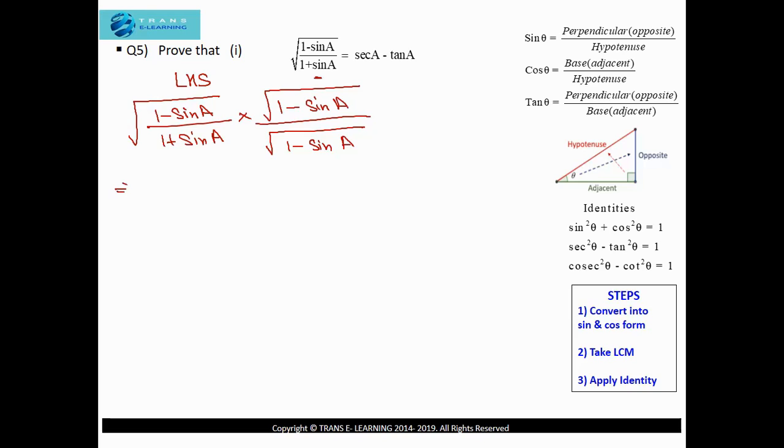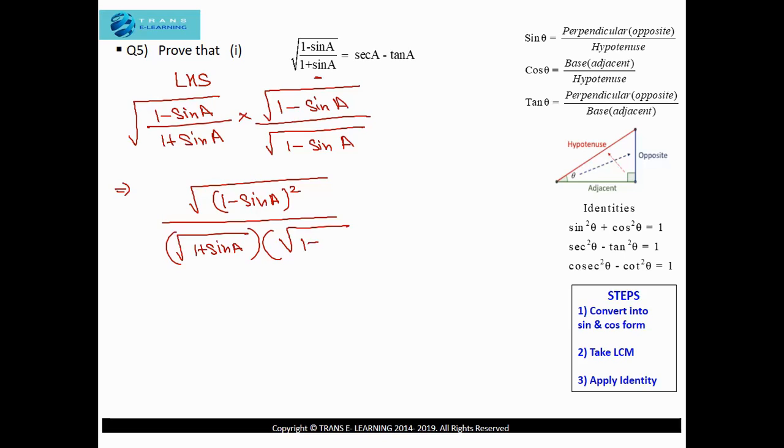So in the numerator we will get 1 minus sine a whole square, and in the denominator we will get square root of 1 plus sine a into square root of 1 minus sine a, as the square will get cancelled by the square root.